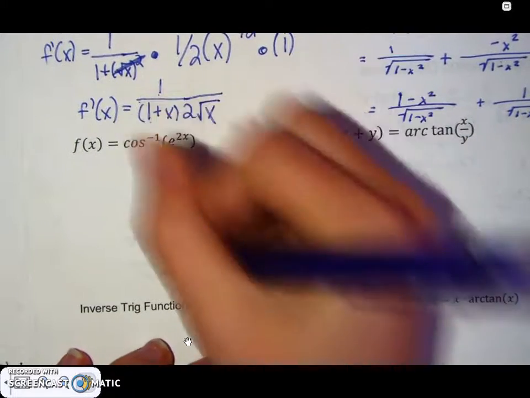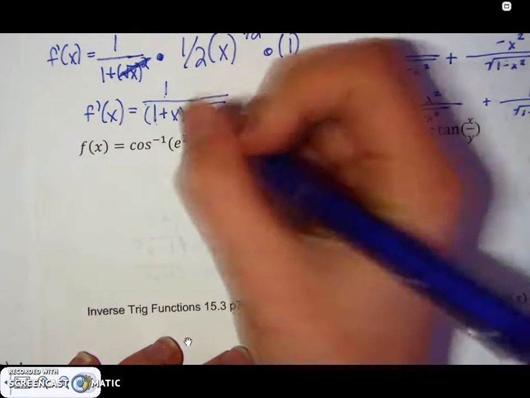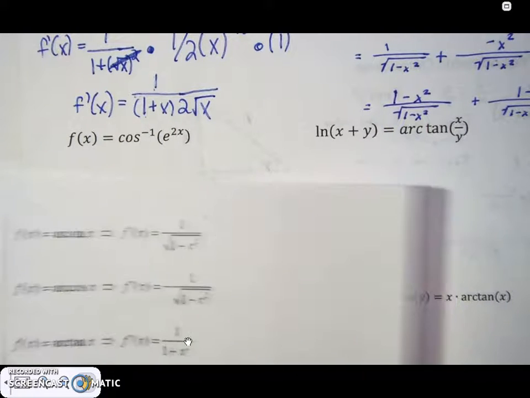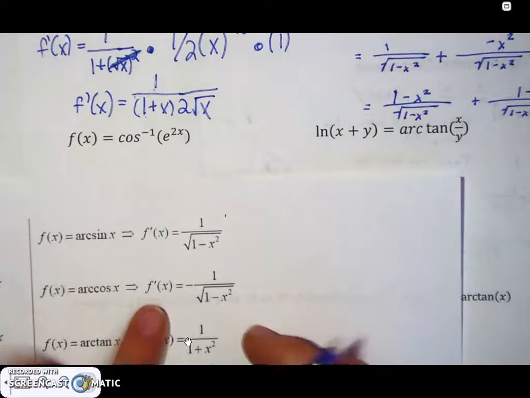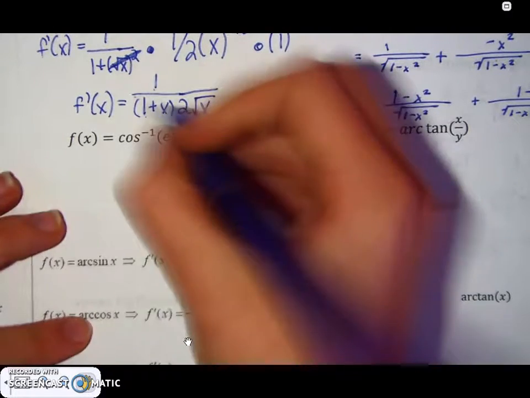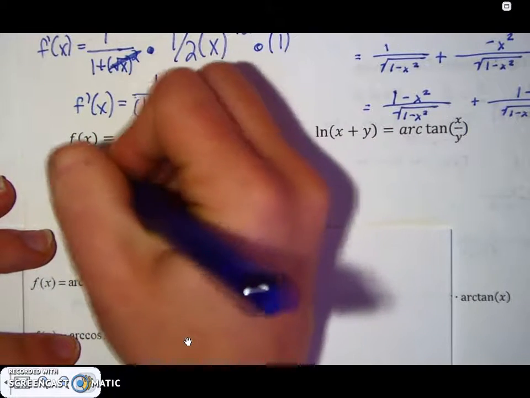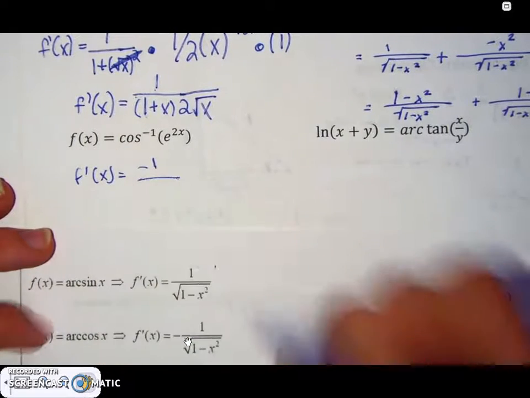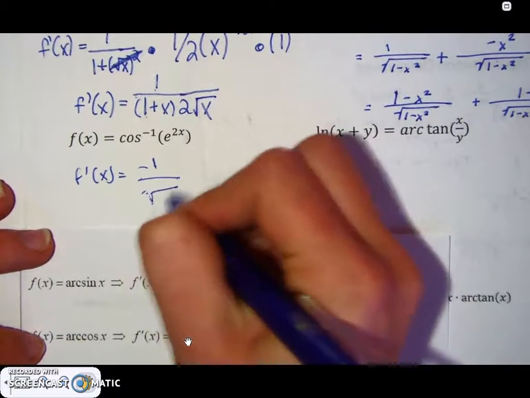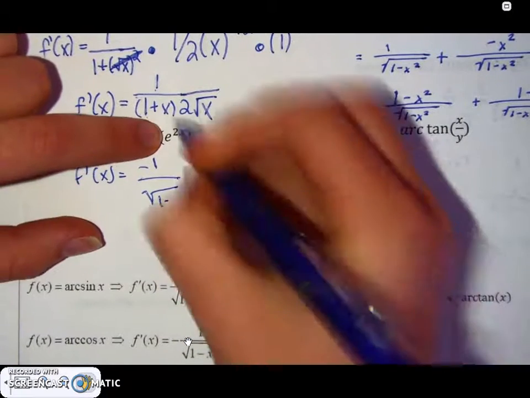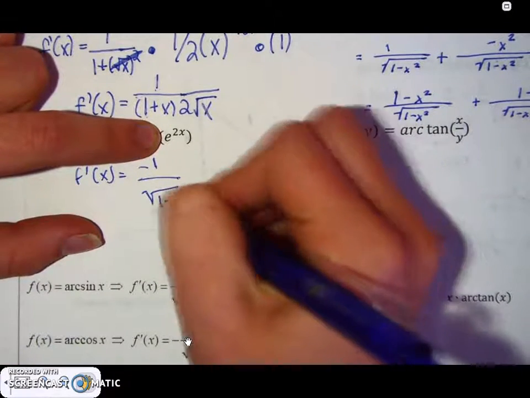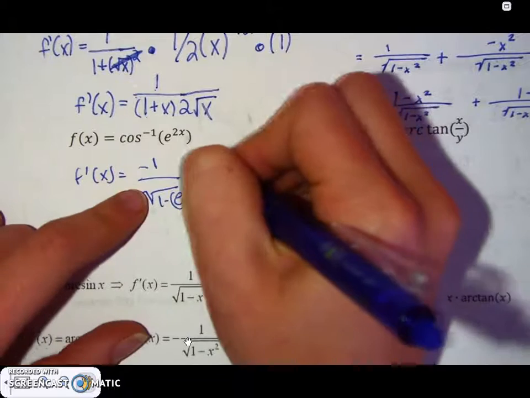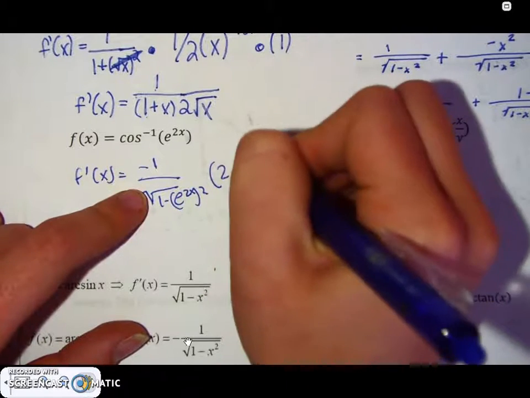This is Carla. Okay. So the first thing you're gonna do is I can put, I guess, the rules over here, like slide them in. You're gonna take the derivative of the arc cosine, and that'll be f prime of x is equal to negative 1 over square root of 1 minus, and then you're gonna plug this in for where it says x, 2x squared, times the derivative of the inside function, and that'll be 2e to the 2x.